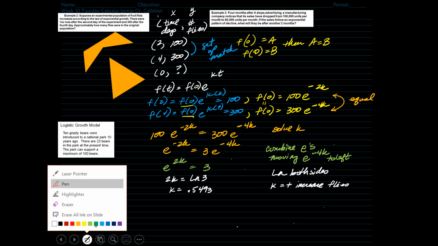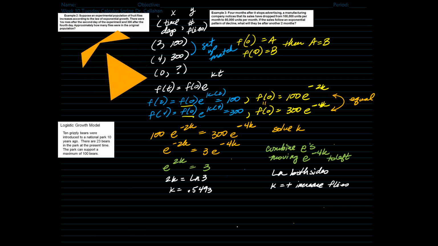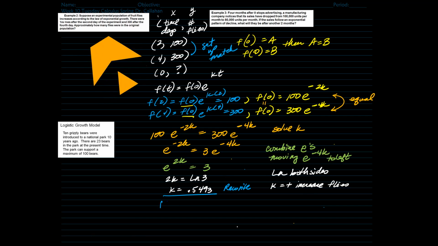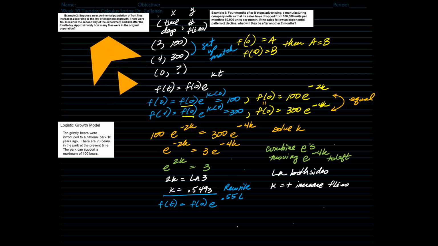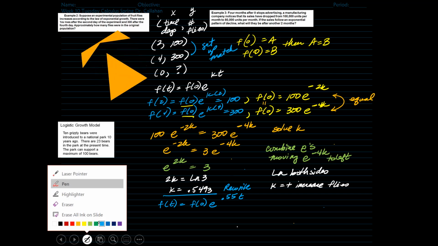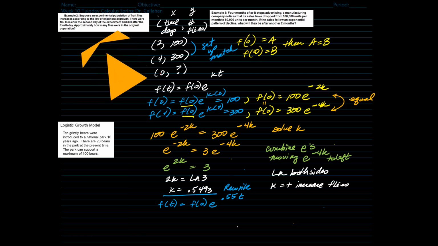Okay, so now that I have that, I'm going to go ahead and rewrite my equation. So when I rewrite my equation, I'm going to have f of t equals f of 0 e to the k t, and your k is 0.5, just round it, 0.55. So I want to know how many fruit flies I have if t is at 0.